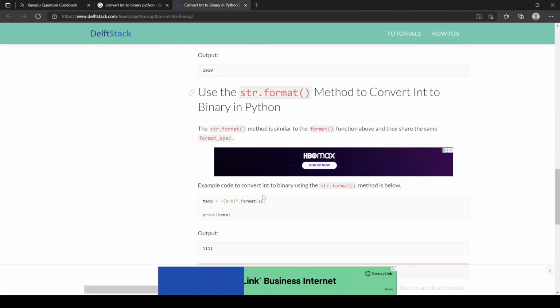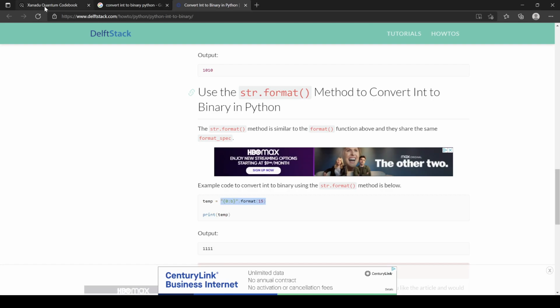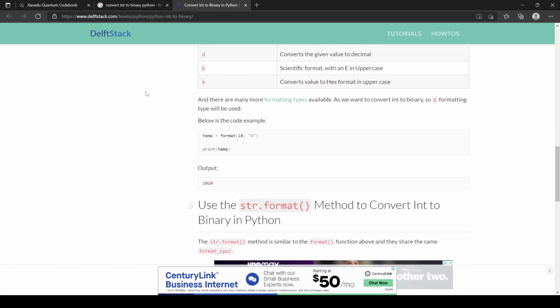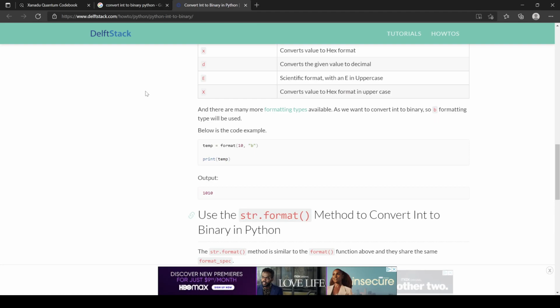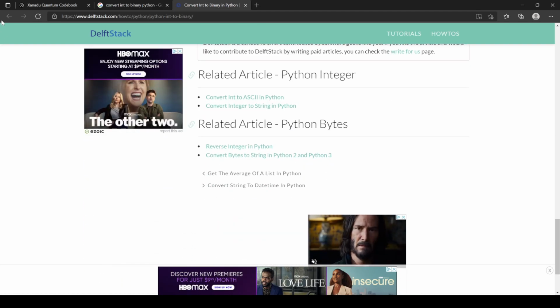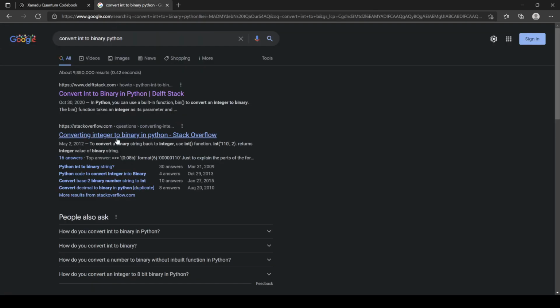So what we actually want is this: a constant number of bits.